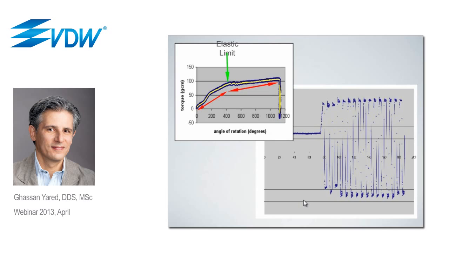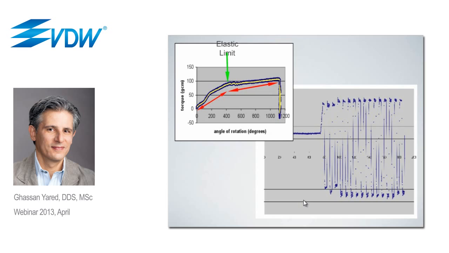Because the angle that we chose is lower than the elastic limit, even if the instrument binds in the canal, even when the instrument engages the canal walls, the stresses to which it will be subjected will cause only reversible changes because the instrument is still in the elastic phase.